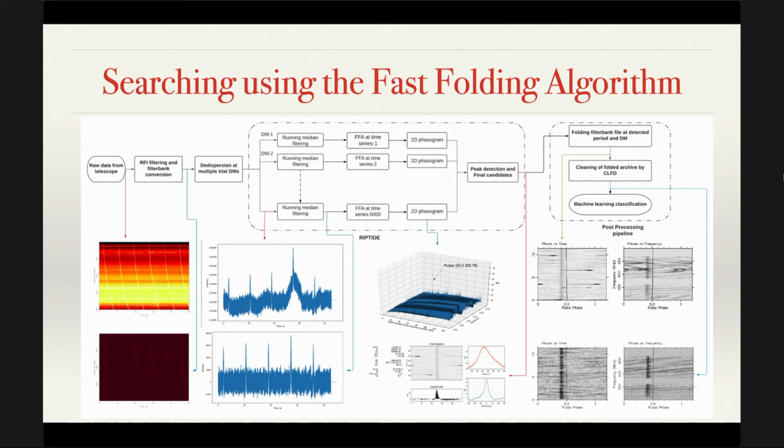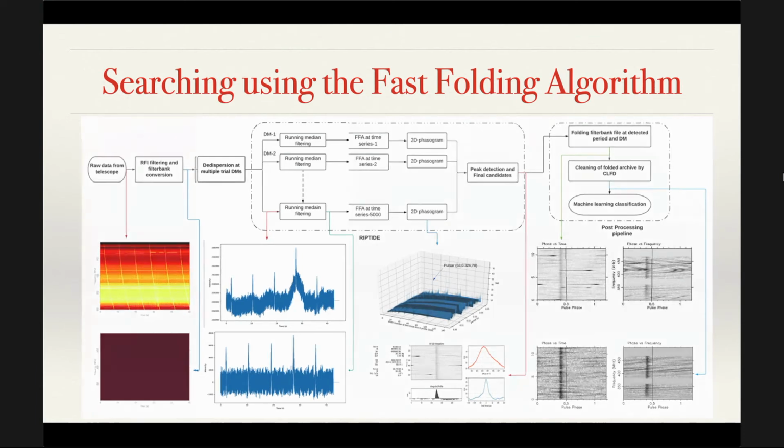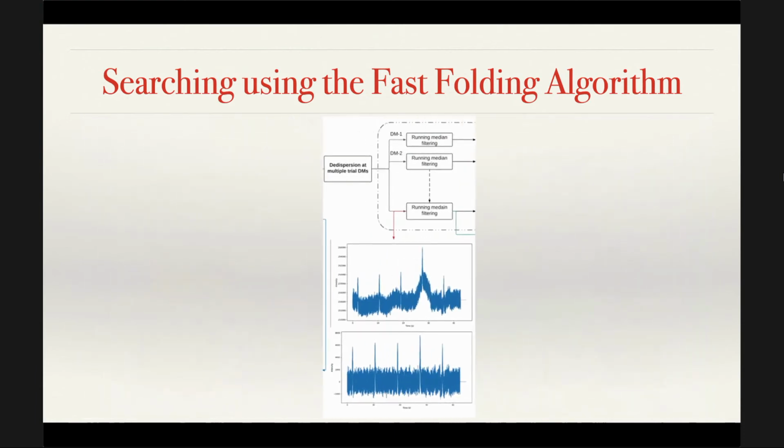As always, we start with the same methods that we had before. We start with the cleaning of the data, and then we do the de-dispersion. And as I mentioned, if you've got some RFI that you haven't cleaned or whatever, that's not possible to clean out of your data, or, for example, there's some change in the conditions that give you this increase in the baseline, you need to remove that if you're going to try and detect your pulsar.